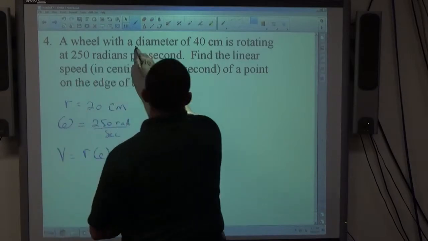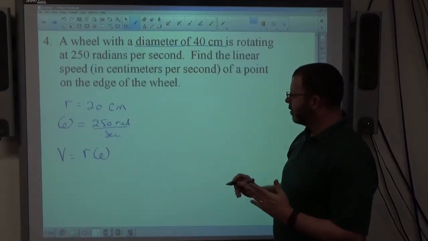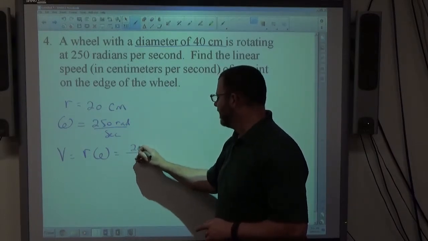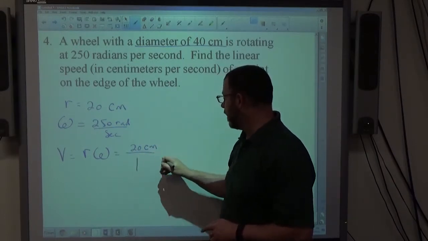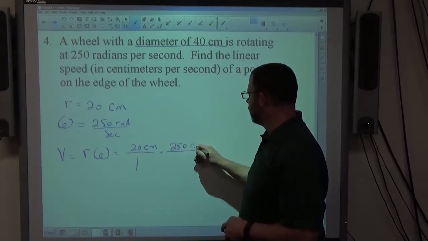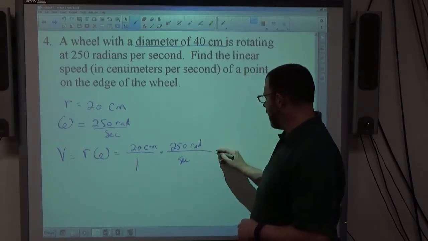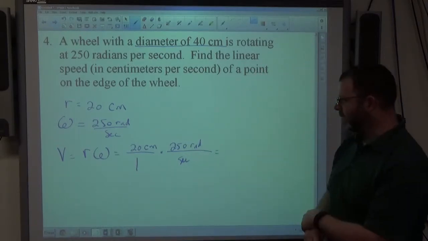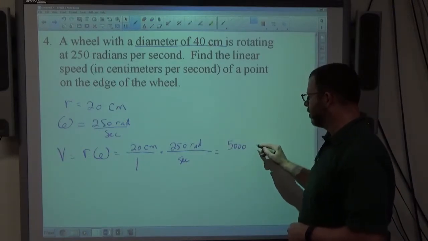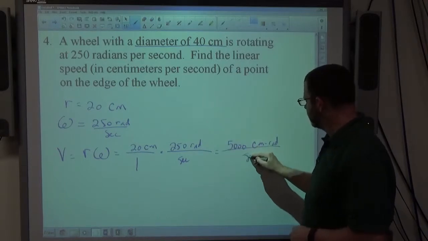And again, be careful, it does say diameter, make sure you give me a radius, that's what the formula needs. So I can immediately go straight to the answer here. 20 centimeters, I'll put that over 1, times angular speed of 250 radians per second. And if I multiply it out, 20 times 250 is 5,000. And that's going to be centimeter radians per second.